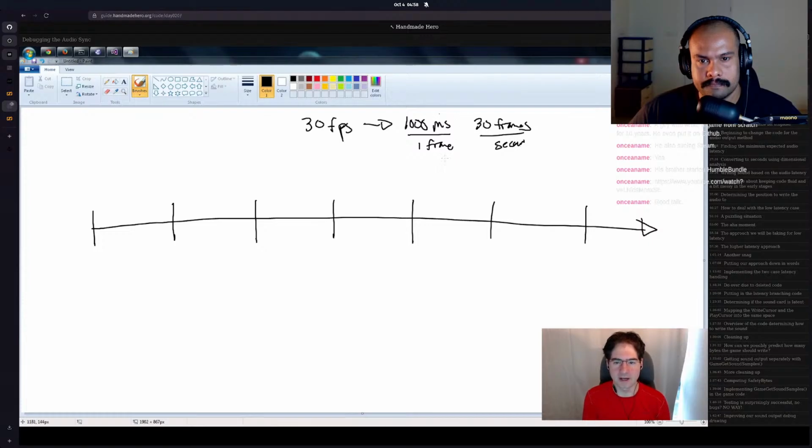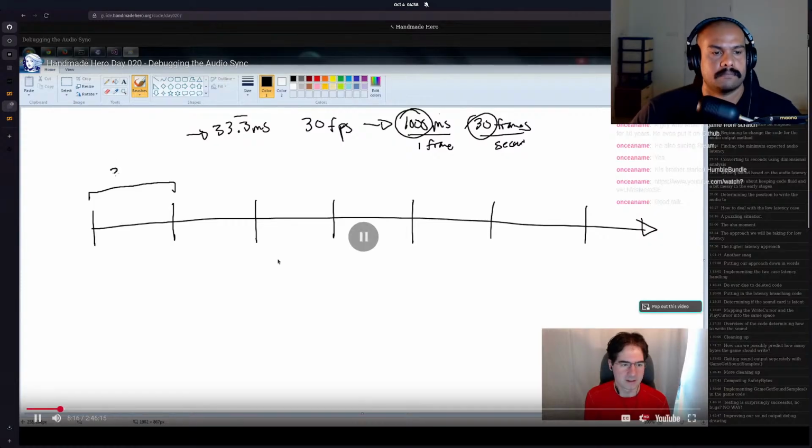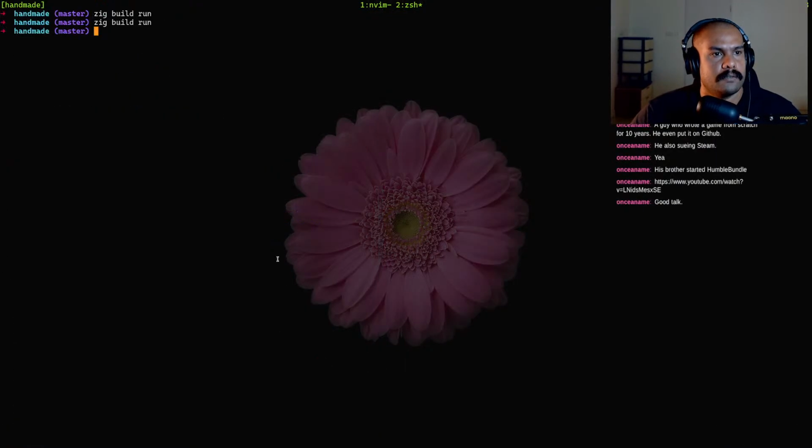If we want to know how many milliseconds we're going to have in every frame, we divide by 30, right? So we're expecting about 33.3 milliseconds every frame. That's how long we expect this to take. Forgot to check that, really.